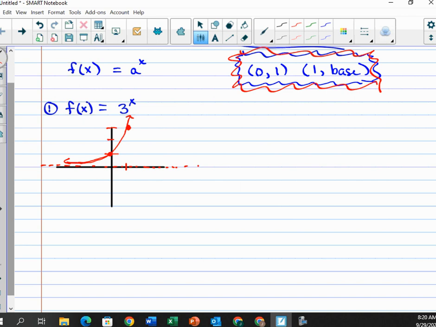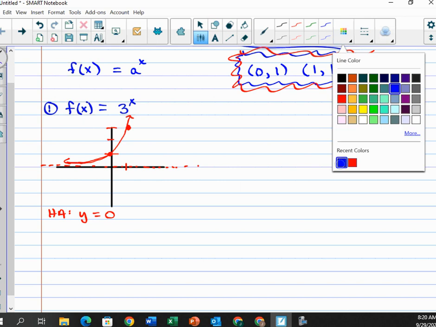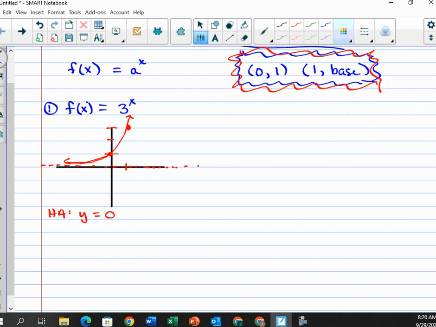So your horizontal asymptote for this one is y equals 0. Okay, that's very basic. Obviously, we didn't do anything other than the 2 points. But that's the general idea, and that's where you start every time.